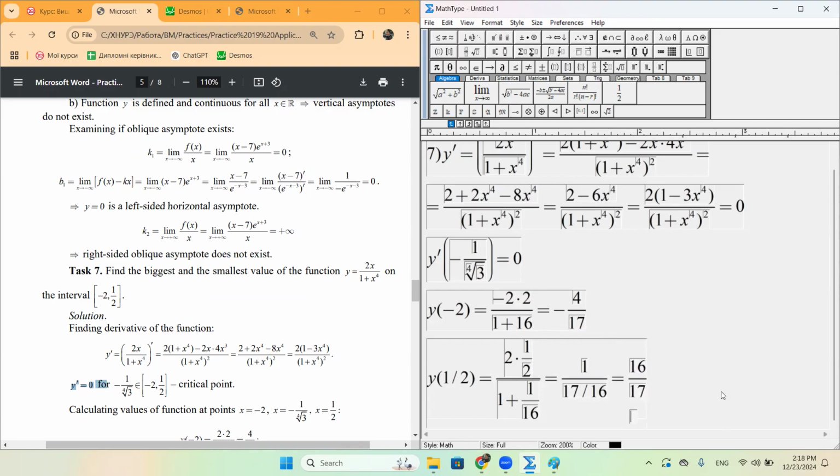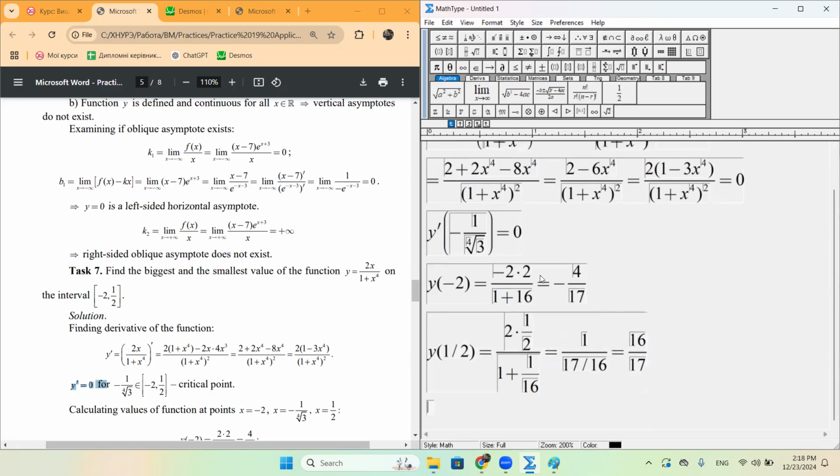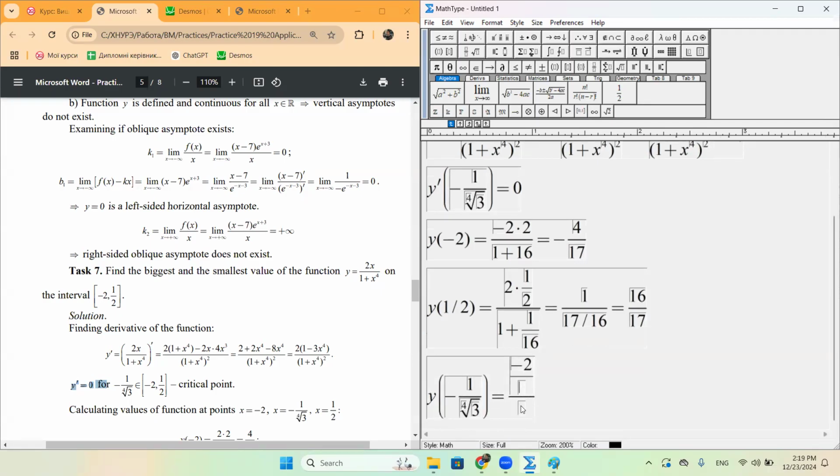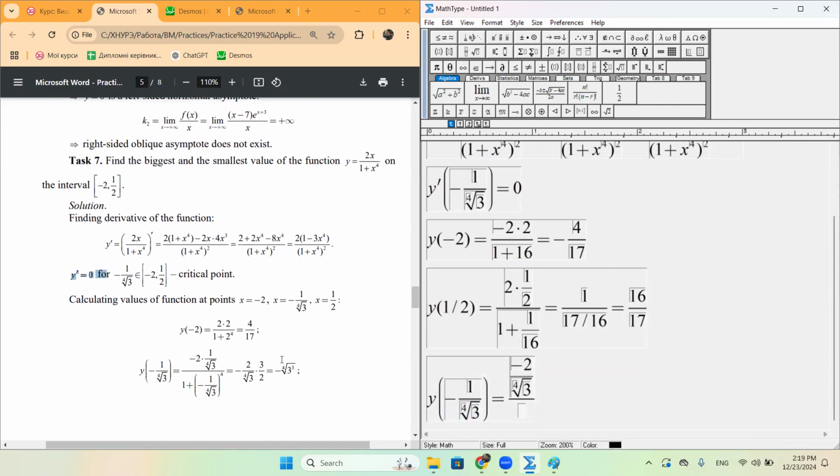Okay, and now let's calculate the value of the function at this point. And 1 plus 1/3.